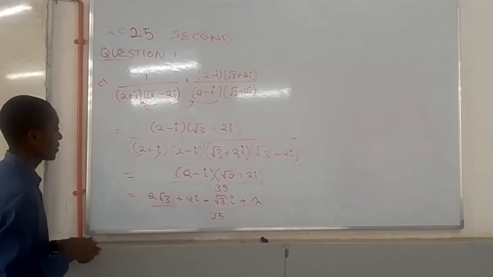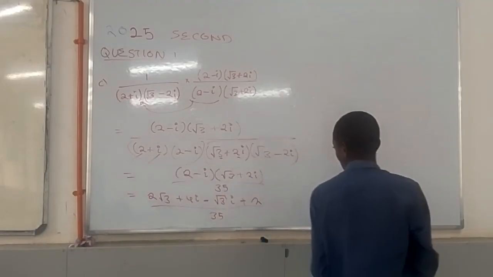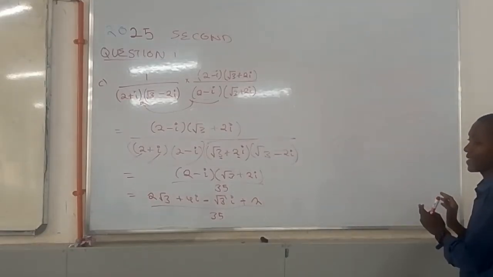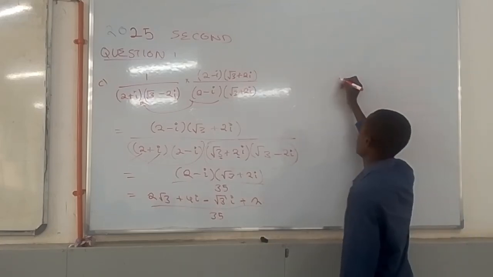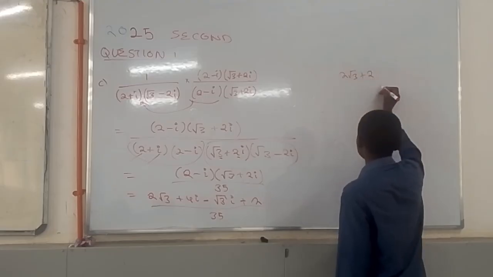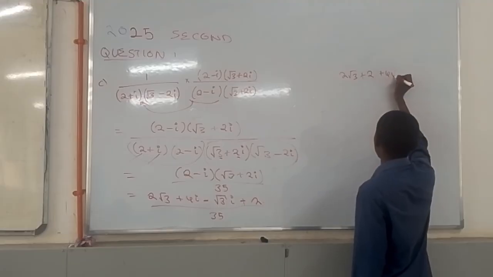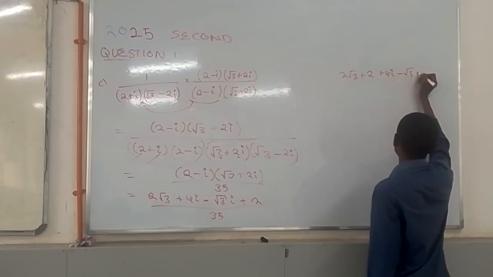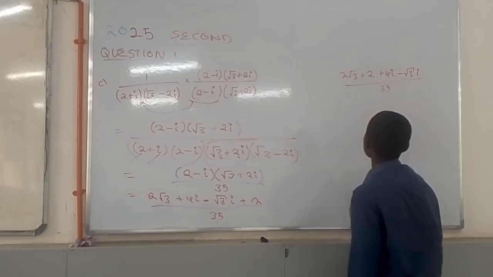Okay. So in this stage, we know what we have to do. So it will be 2 root 3 plus 2, and we have plus 4i minus root 3i over 35.